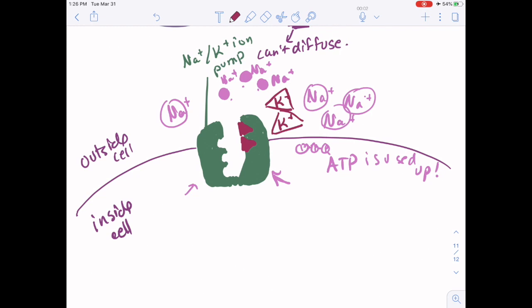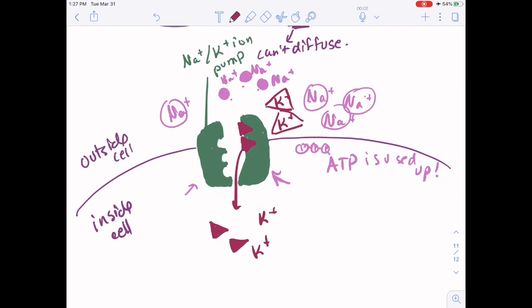That makes this sodium potassium ion pump open up to the inside of the cell, and these potassium ions come on in. So we've got a couple of potassium ions in. All right, so it's a trade.